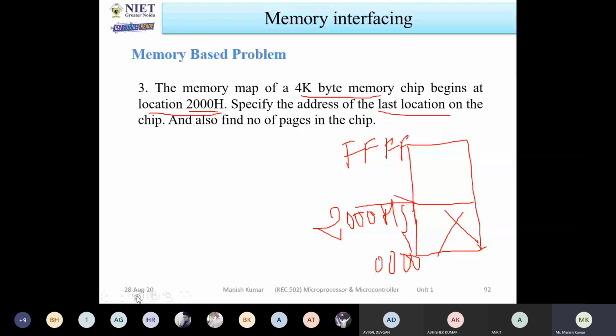For a 4 kilobyte memory, the number of address lines is 12. Anyone having confusion in that, n equal to 12?